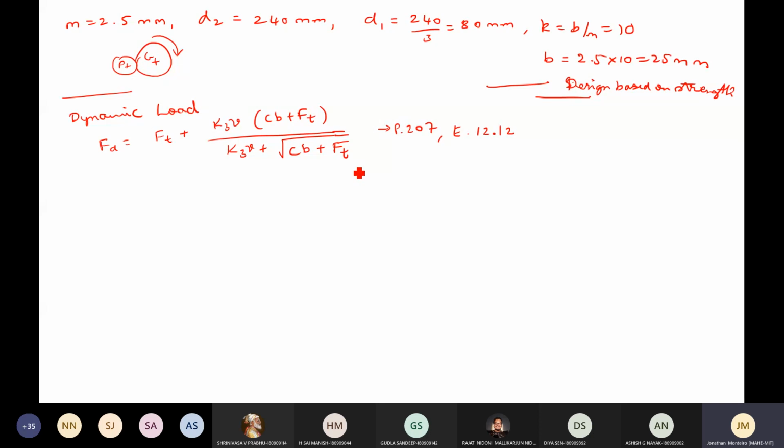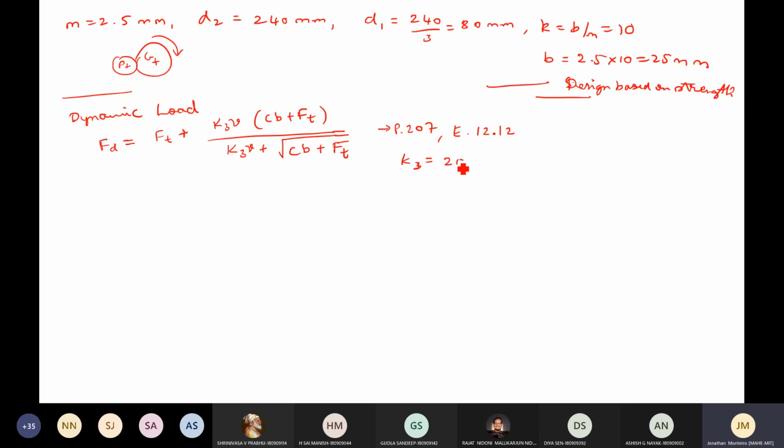Now, what is this individually? Let us understand. FD is the total dynamic load on the gear, and we are comparing that with the wear load. The dynamic load leads to wearing of the gear tooth. Under equation 12.12 it is already given that K3, if you substitute in SI units, is 20.67.